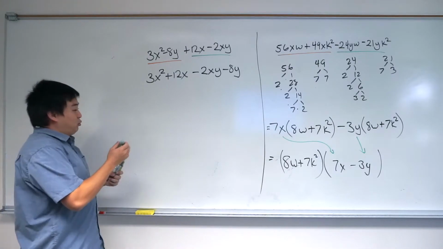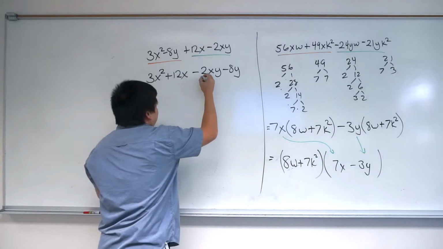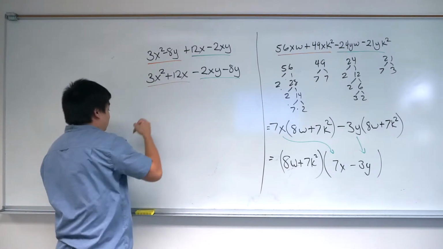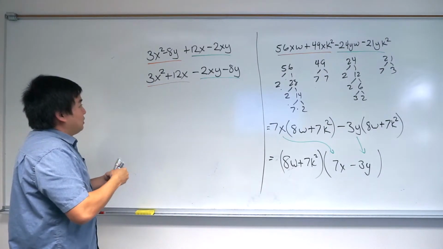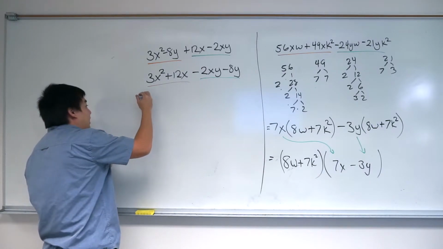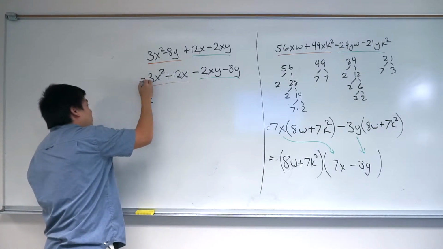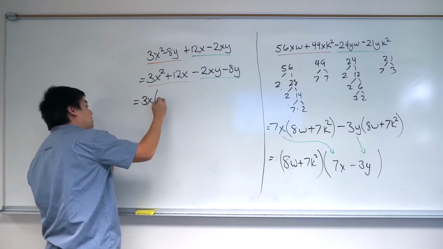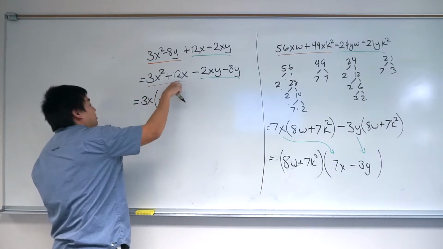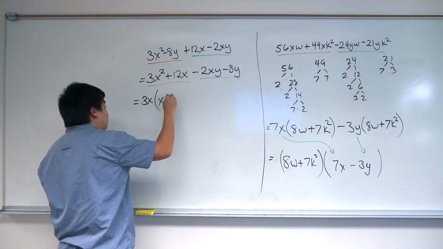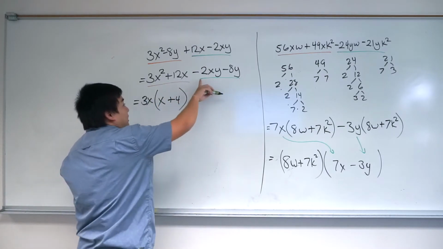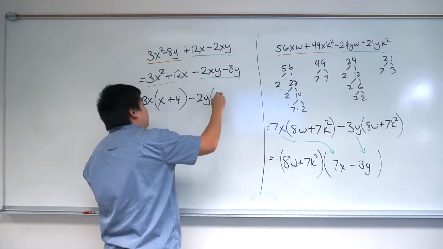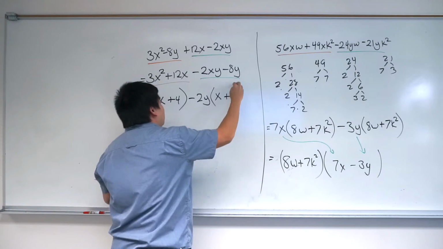And now let's try grouping it again as the back two and then the front two. In the front, I can pull out a 3 and an x. What times 3x gives you 12x? That's going to be plus 4. And here I can pull out a negative 2 and a y, which will give you x plus 4.